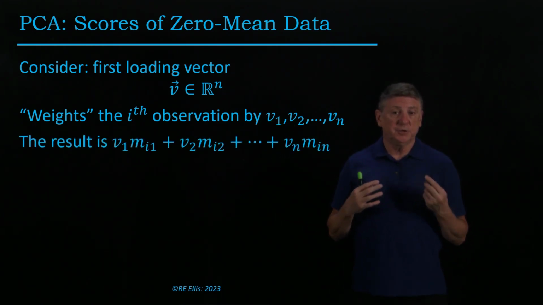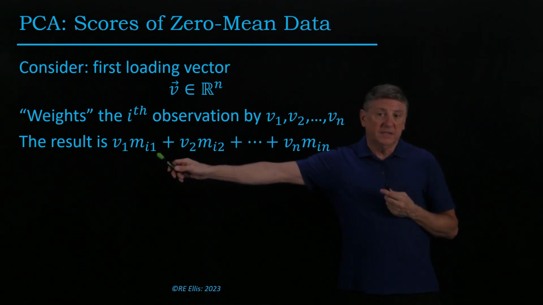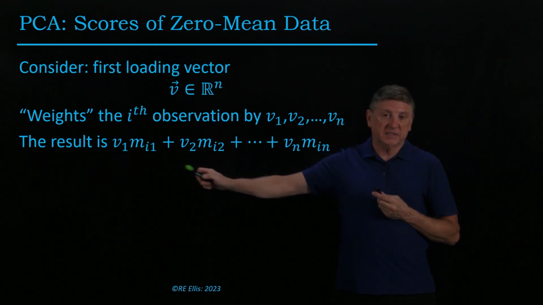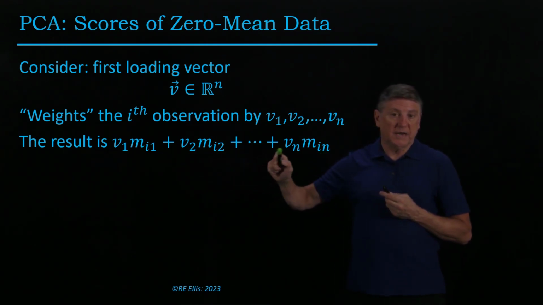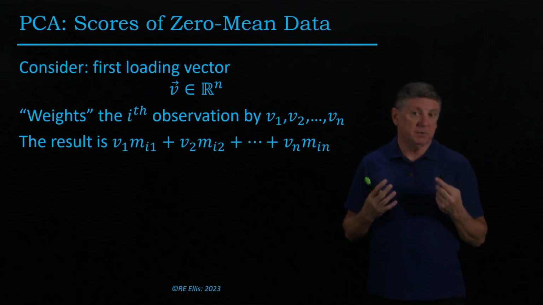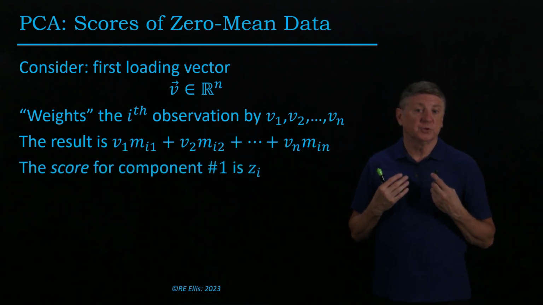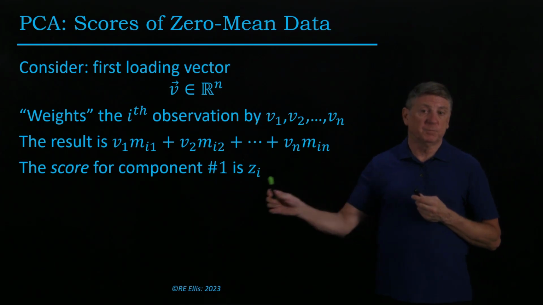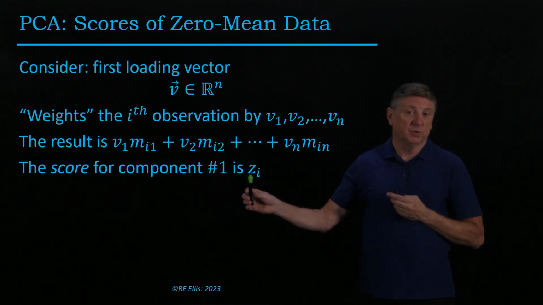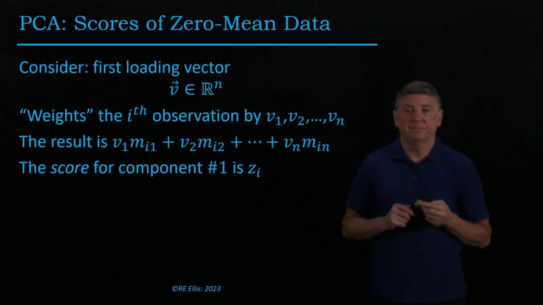And what we could do is we could then weight the first observation of the matrix and so on and so on. And what that would give us is a number. And this number is referred to as the score for the first component. And we can write this as, for each of our I observations, we'll have a score. So we'll say this is Z sub I.